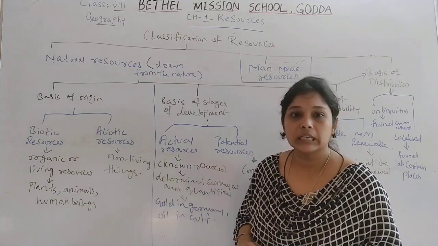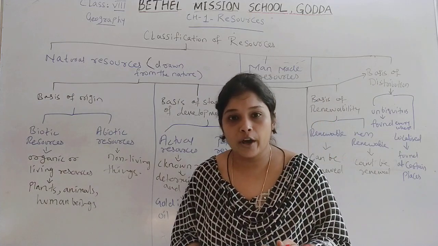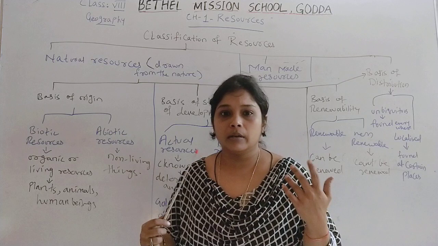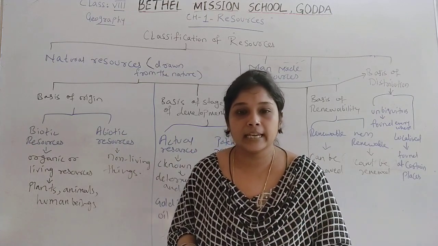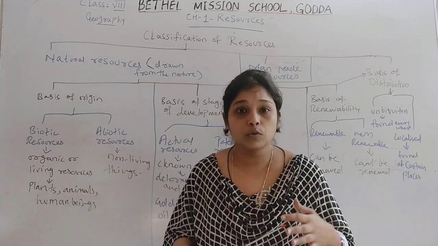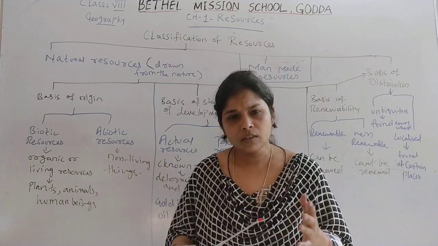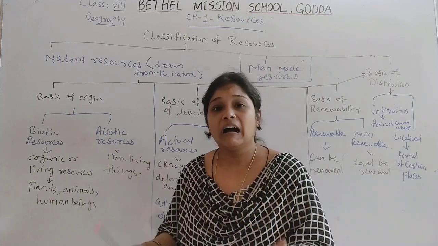Abiotic resources means any non-living thing which exists in our environment, anything which we use as a resource which is a non-living thing. Let's take an example, we use a chair to sit, we use furniture in our houses. We also use many equipments in our houses or for other things.